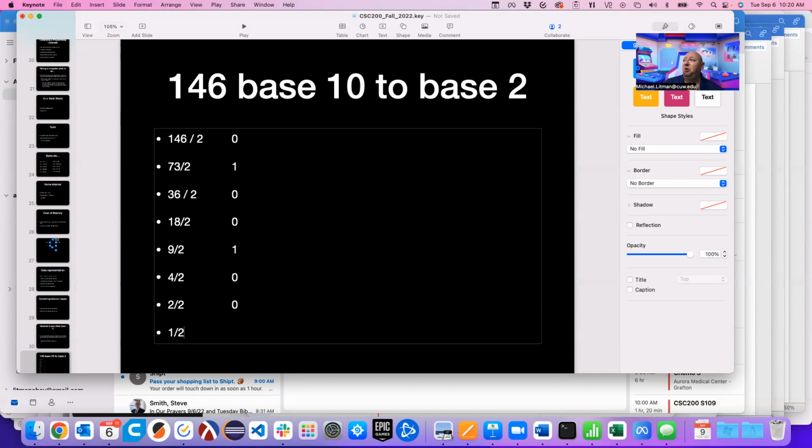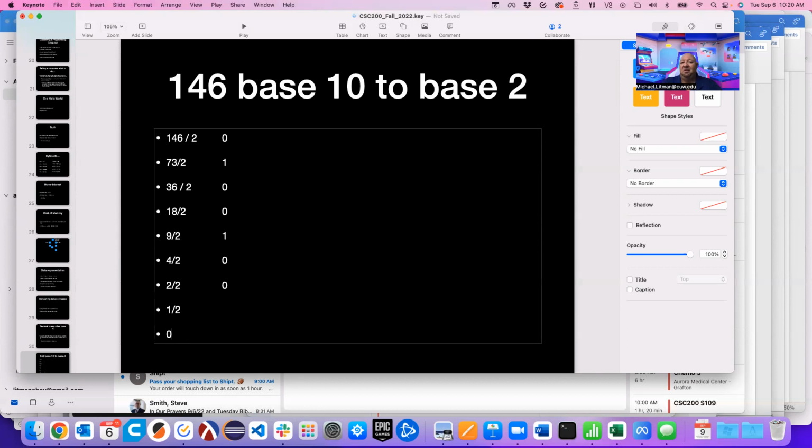How many times does 2 go into the number 1? 0 times. 0 times 2 is 0, with a remainder of 1. We know we're done when we've whittled our number over here down to a 0. So our final answer, we read from the bottom up. 1, 0, 0, 1, 0, 0, 1, 0. That is the binary equivalent of 146.